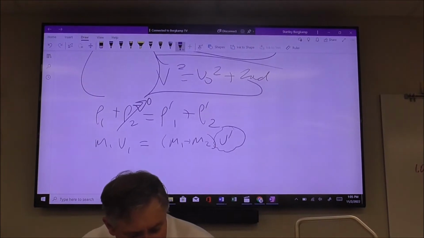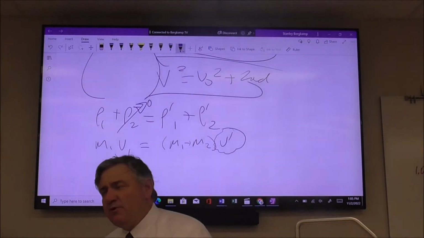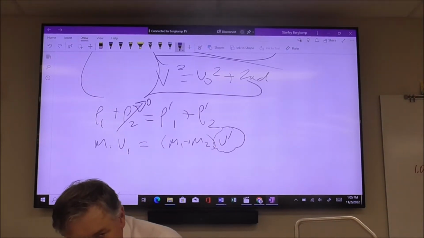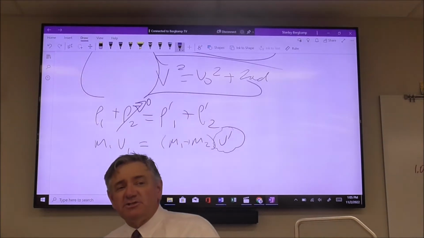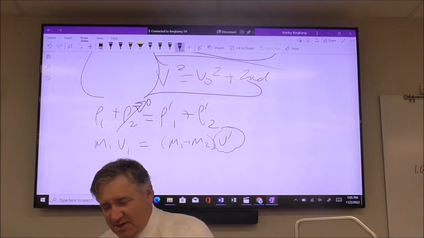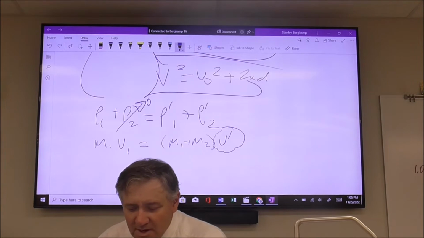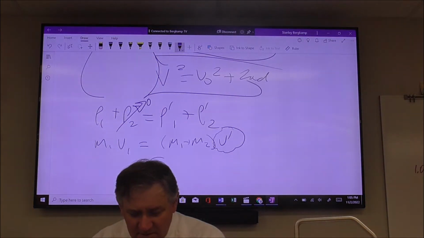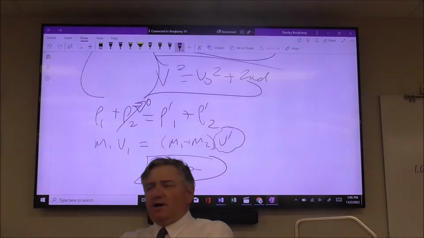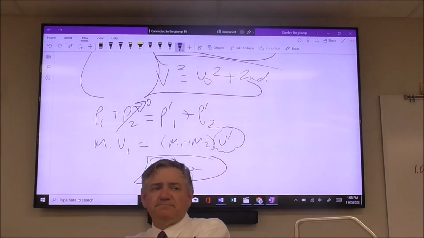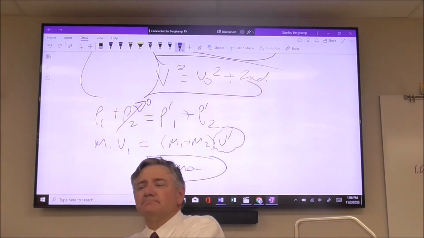Now, when you get to C, there's a couple of ways you could go with C. You could go OG, since that seems to be the theme, or old school, and you could go F equals ma. Now, when I typed this up, why did I make that force a negative value? Because the acceleration was negative.